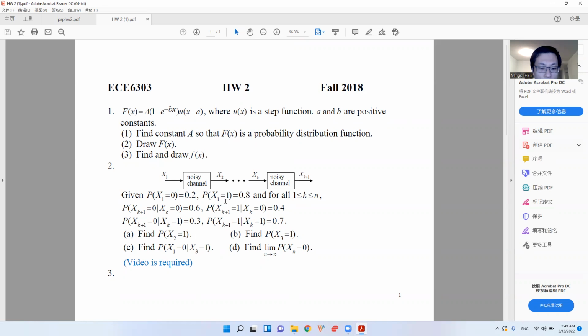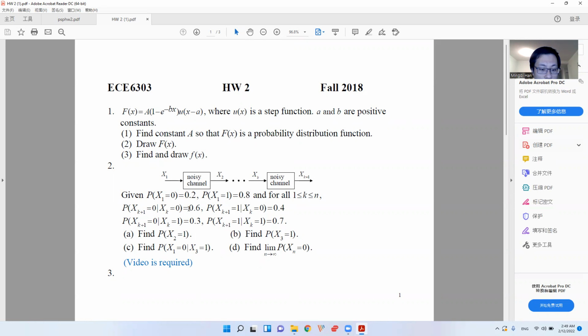From the question, the initial probability of getting a 0 is 0.2 and the initial probability of getting a 1 is 0.8. And by passing through a noisy channel, notice that every noisy channel in this question is the same.